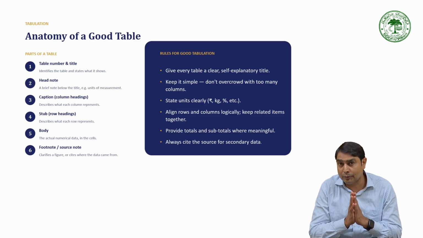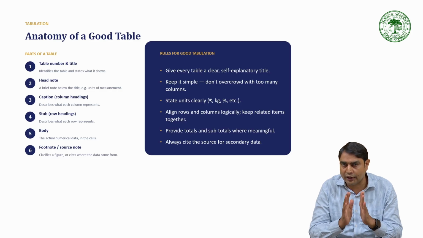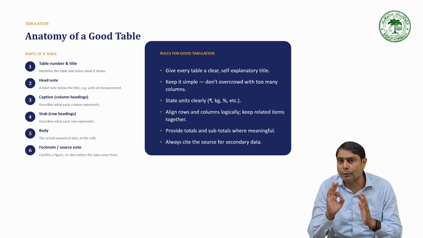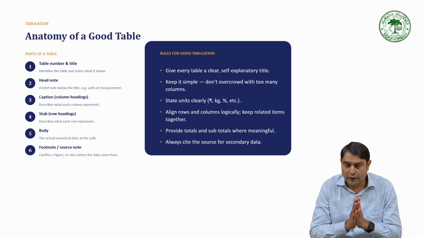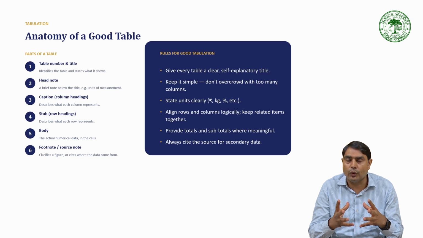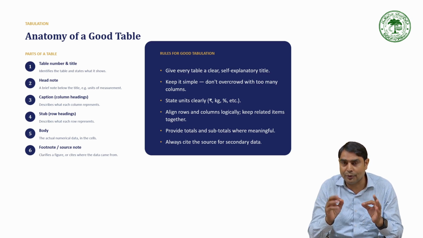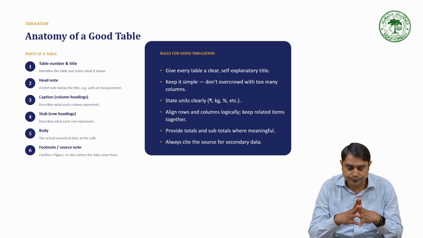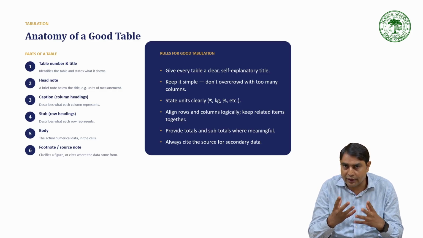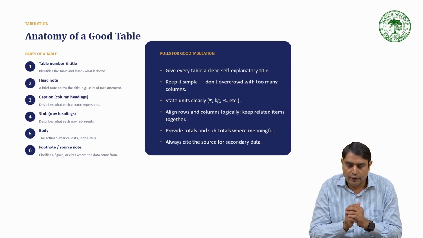Rows and columns should align with each other logically. By looking at any cell of the table, you can easily find out which row and which column it belongs to. Especially when you are working with Excel, you would have seen that rows and columns are very important when you are putting in functions. So it should align properly, because properly aligned data is more visually relevant and meaningful.